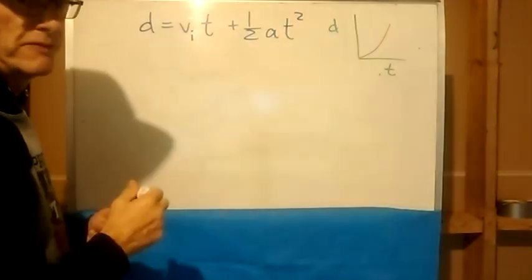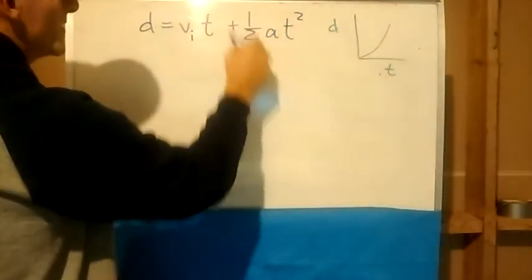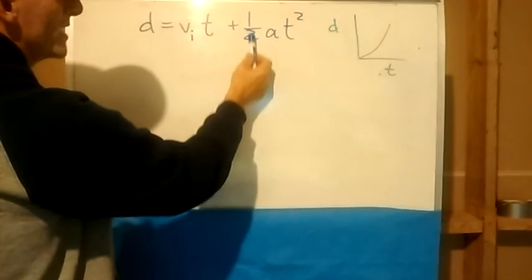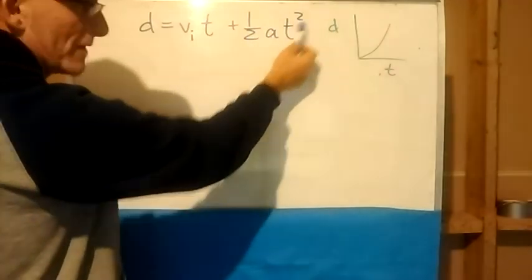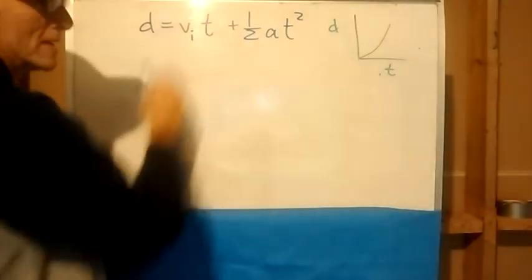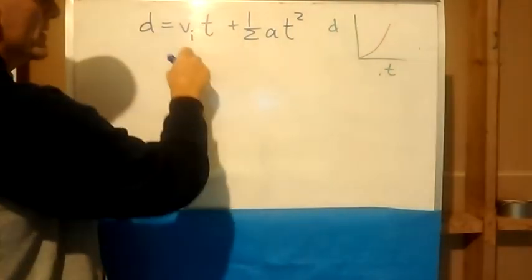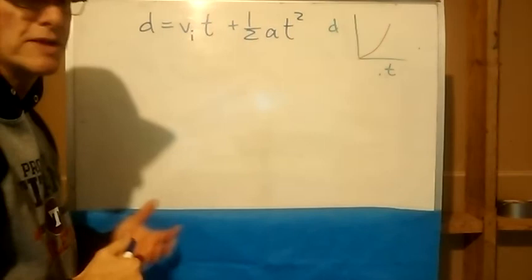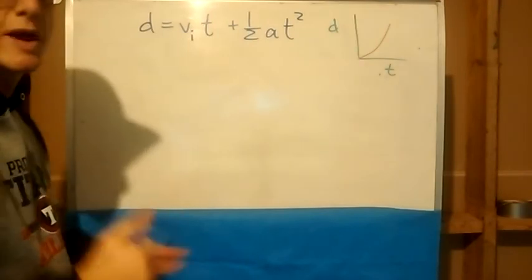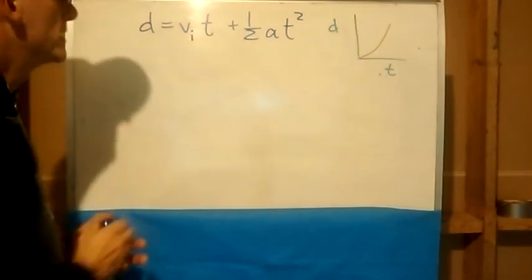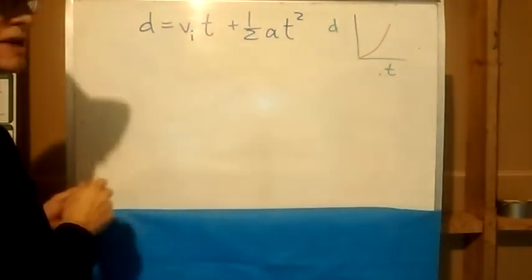There's a few constants in here too. It would almost be like a y-intercept if you were looking at a straight line. But that's one of the equations of kinematics.